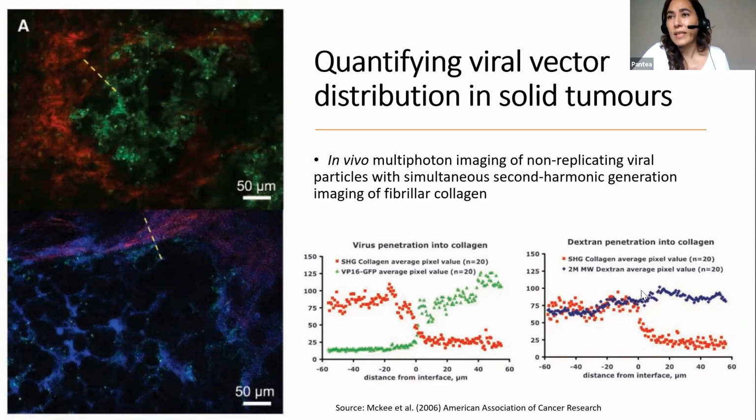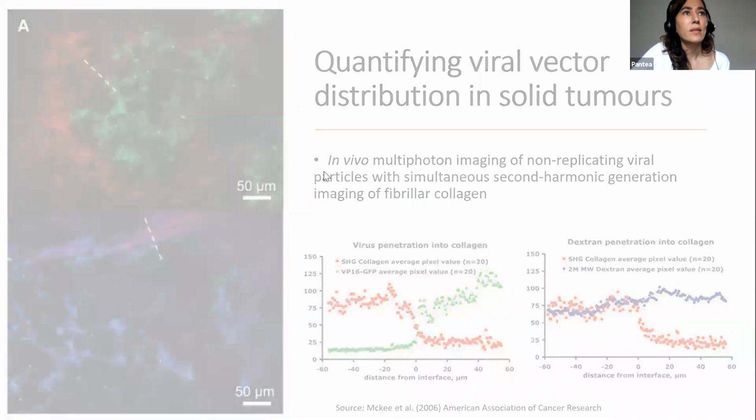And what they found was that the dextran had quite a uniform diffusion through the collagen environment. So the conclusion was that the virus is actually being impeded due to its size.